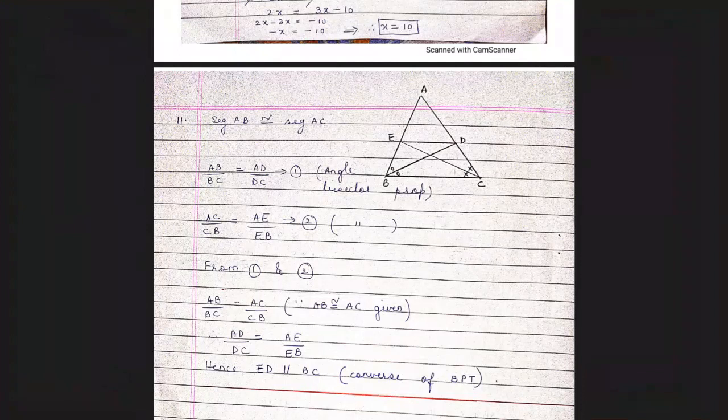Next, since CE is the angle bisector of angle ACB, you can write AC upon CB is equal to AE upon EB. Equation number 2, again due to angle bisector property. Now look at equations 1 and 2 and also use this property that's given. You have been given that AB is congruent to AC.